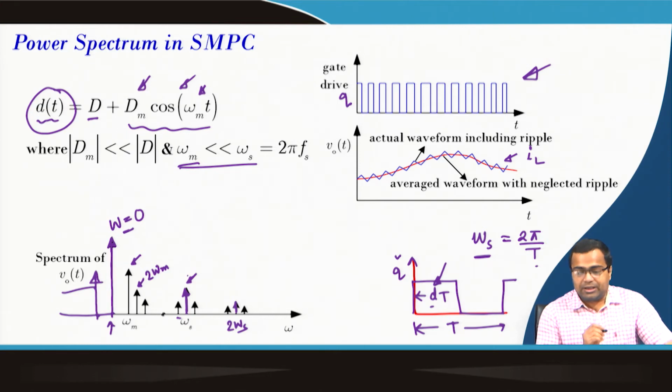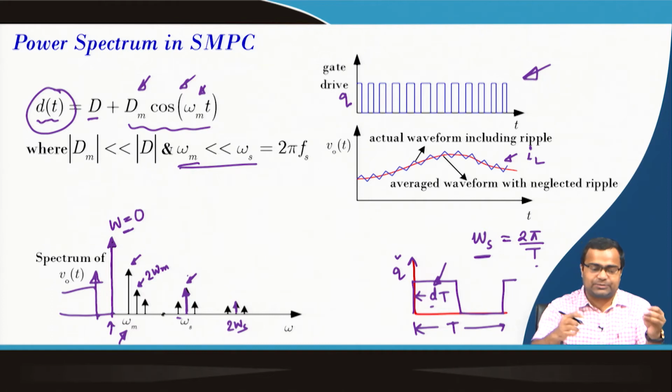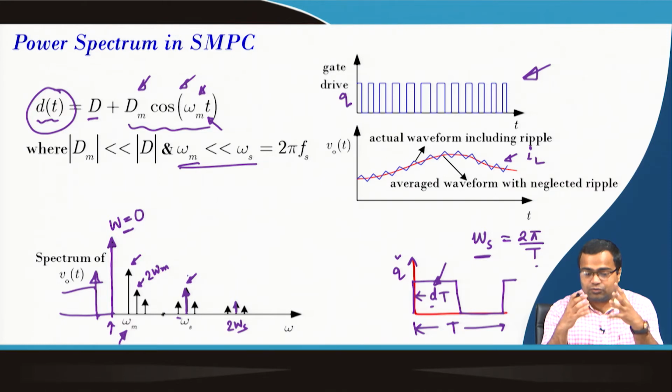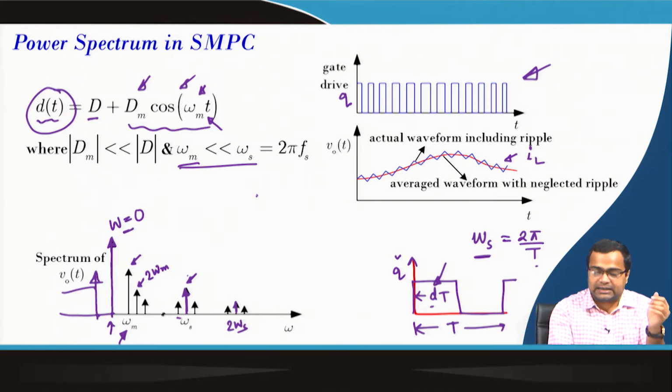Now, we are interested in obtaining the behavior of the system. If we excite the duty ratio with an omega m sinusoidal excitation, we want to see what is the effect in the output voltage at that particular frequency, because we want to derive a linear time invariant, LTI, model.